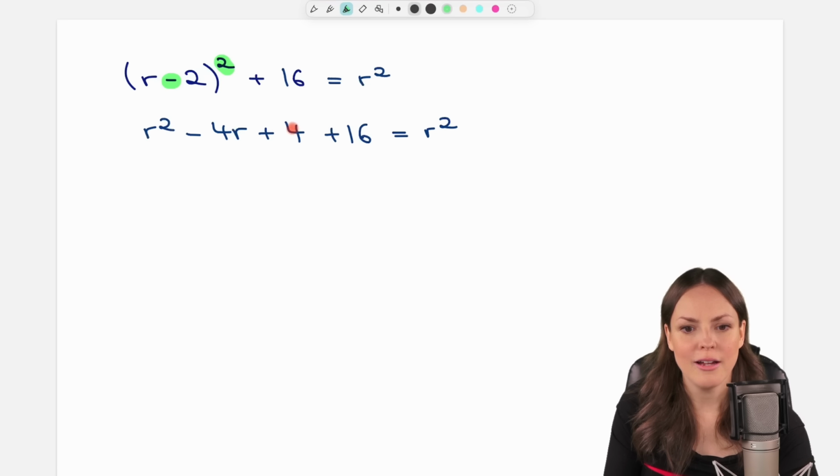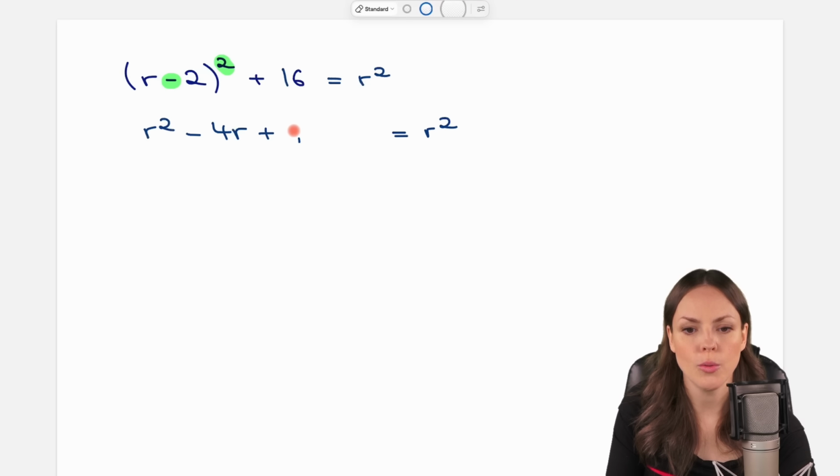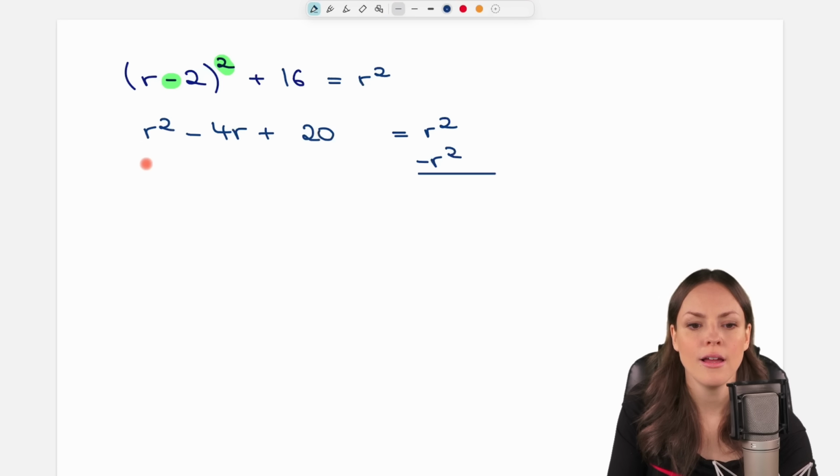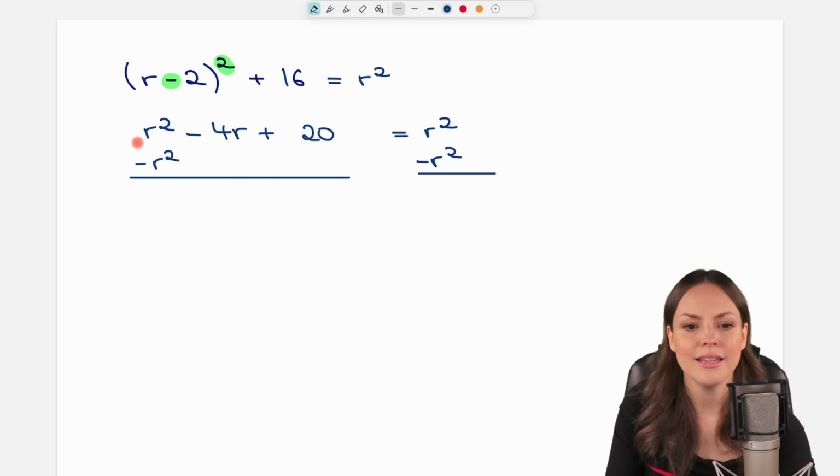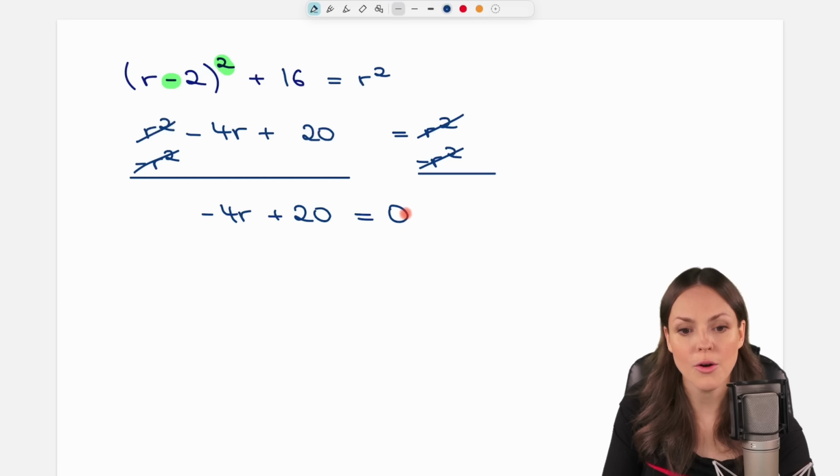Okay, now we have 4 plus 16 here, which equals 20 already. Then we have r squared here, r squared here. If we subtract r squared on both sides of the equation, this cancels out. We have negative 4r plus 20 here. Here, this cancels out, and we get 0.